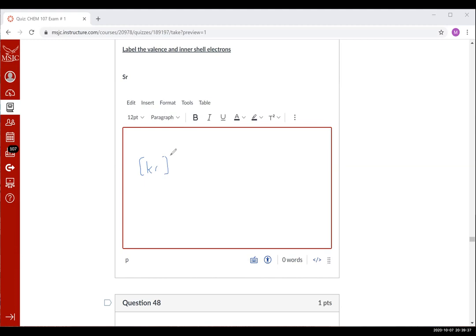Our outermost electrons are in the 5s orbital, and we have 2. So these outermost electrons are the valence electrons, while those represented by our noble gas core are considered our core electrons, or inner shell electrons. Does this make sense to everyone?